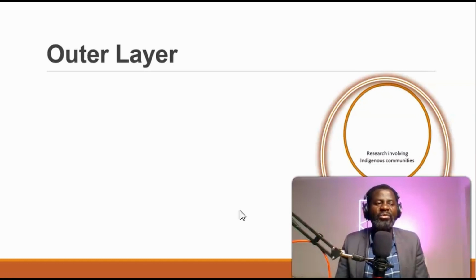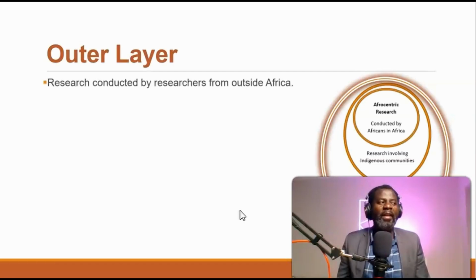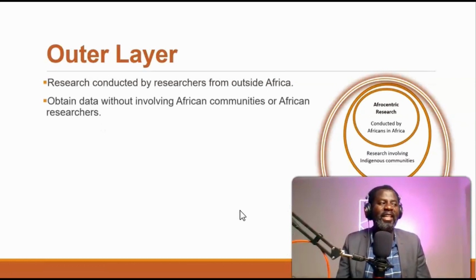This is research not involving indigenous Africans. This research is conducted by researchers who come from outside Africa, who've got no idea how life is in Africa, who've got no idea about the socio and cultural context of Africa. They just come to conduct that research, collect their data, and they go.